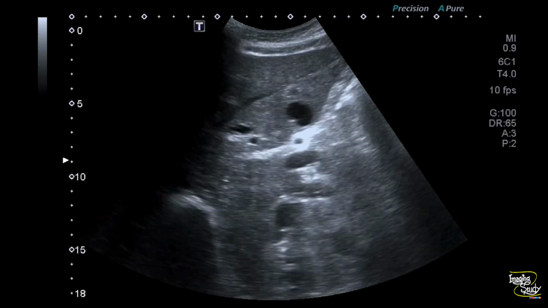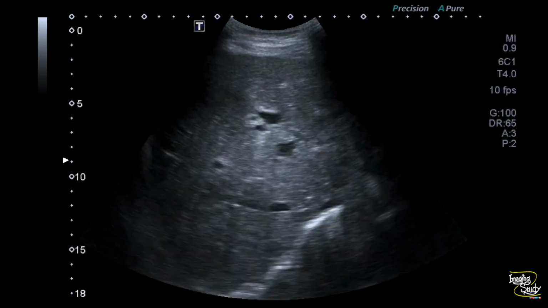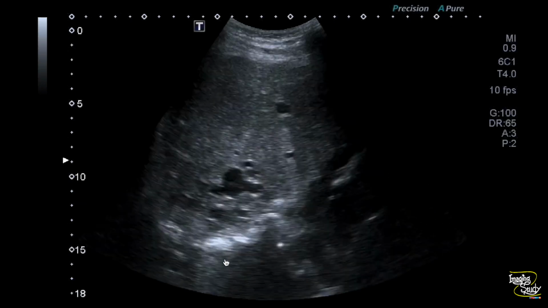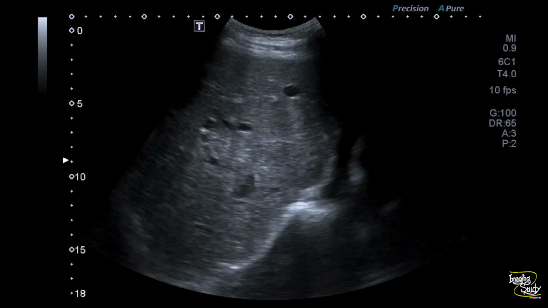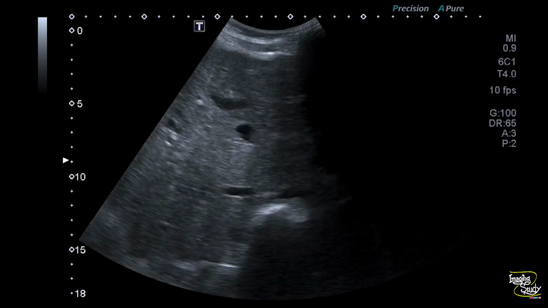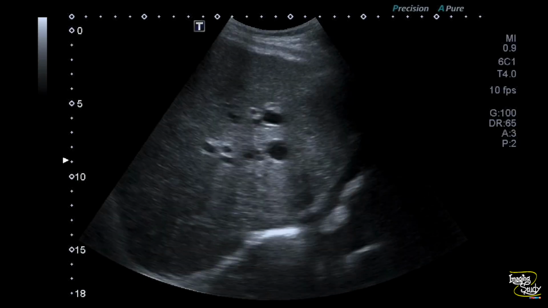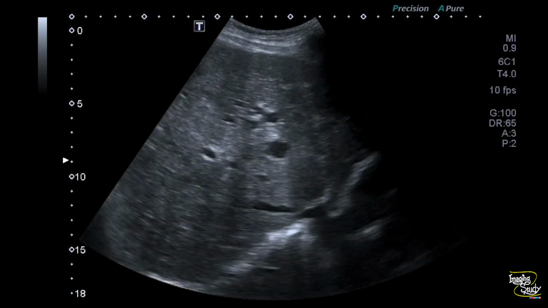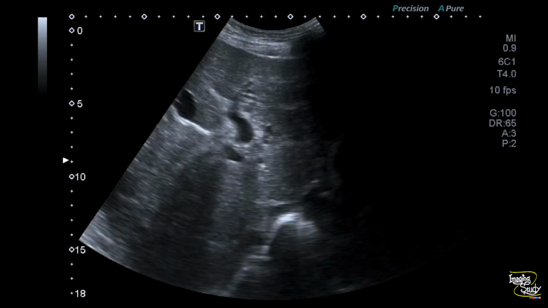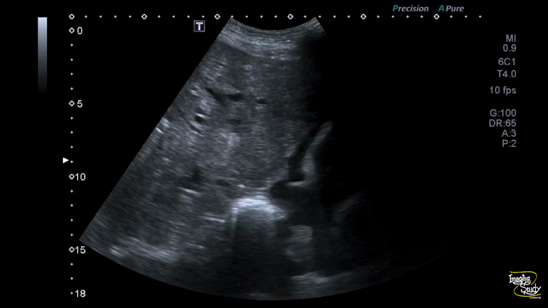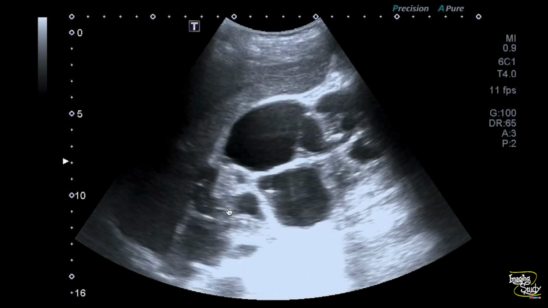Another case with multiple anechoic cystic lesions within the liver parenchyma. You can see the kidneys are enlarged with multiple cystic structures within.